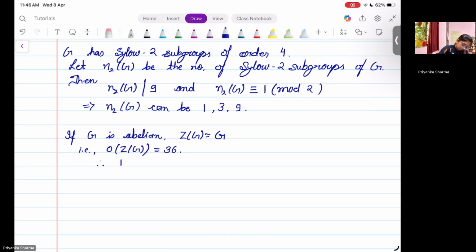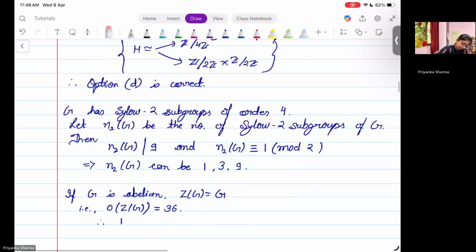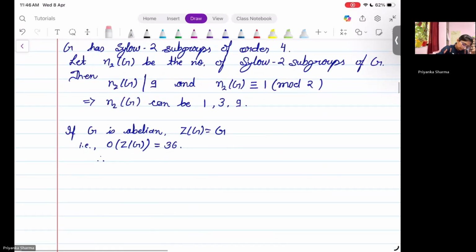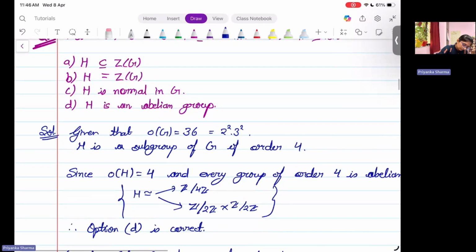Therefore, in the case of an abelian group, this cannot be true. Therefore, H is not equal to Z(G) if G is abelian. So we can discard option B here.